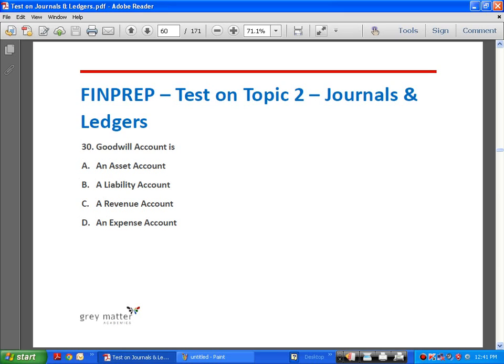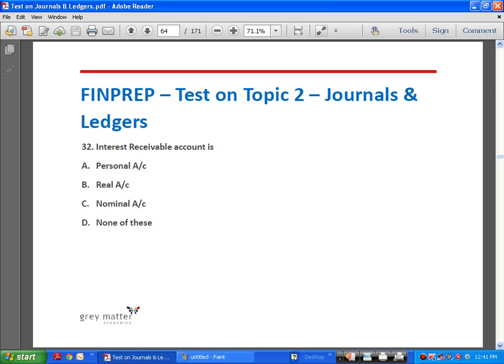So a goodwill account is definitely an asset to the business. So it is an intangible asset, to be specific. Yeah, ICICI Bank account is a personal account, as we saw earlier, because the account in which we are recording all our bank transactions represents ICICI Bank. So it is a representative personal account.